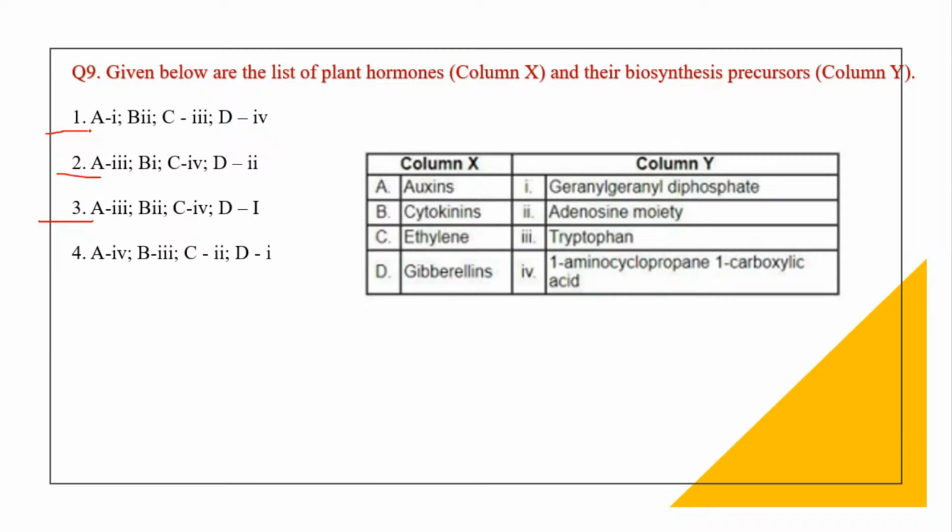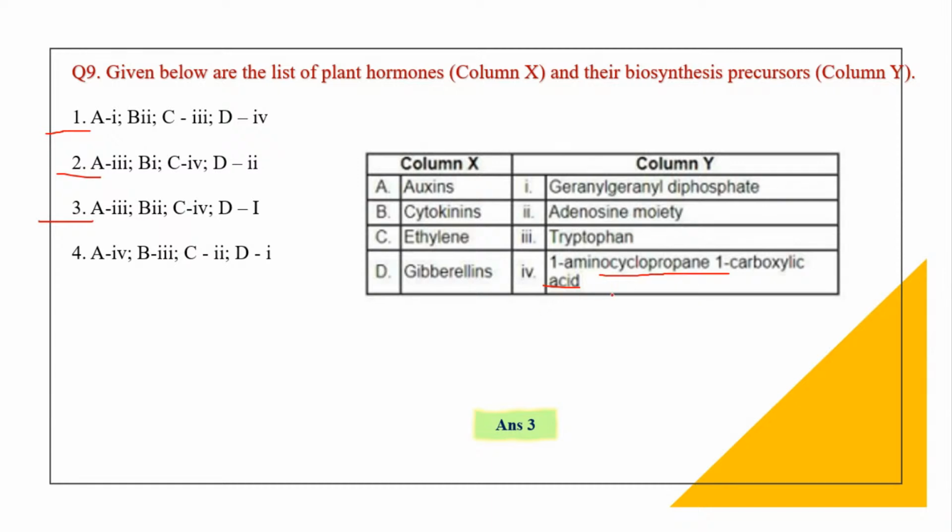Okay. So the correct answer for this question is 3. It is neither 2 nor 1. First thing is that, as I told you, we have 2 plant hormones which are derived from amino acid. But here they have very cleverly mentioned 1-aminocyclopropane-1-carboxylic acid.